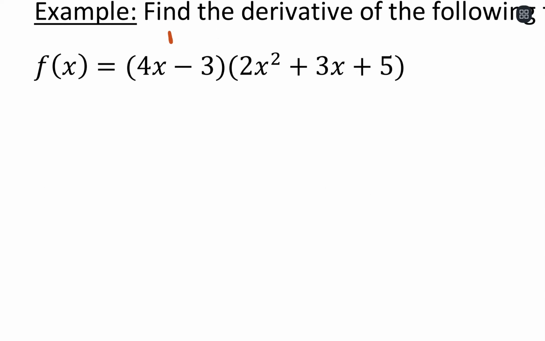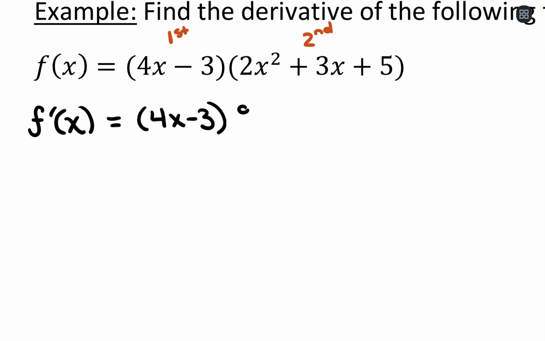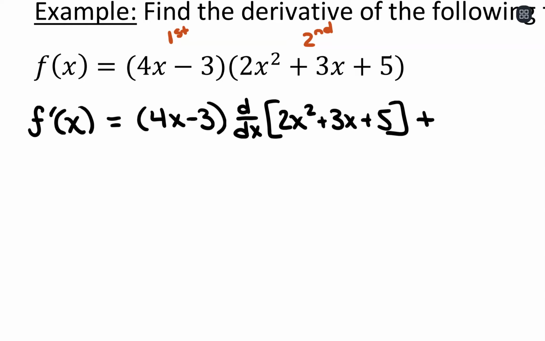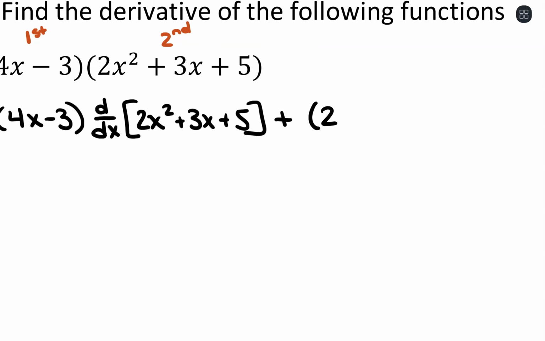So I have this first function and second function, and I'm going to take the derivative. So the derivative of this overall function, I'm going to have first d second and plus second d first.